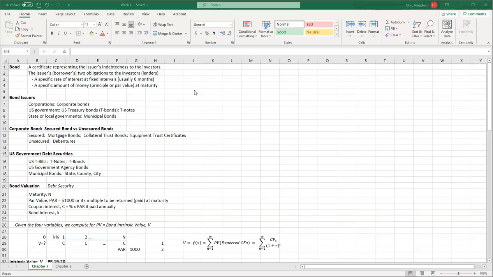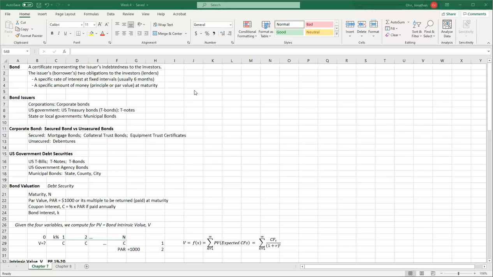The company will issue these new bonds to investors, usually institutional investors. That's the typical pattern: big mutual funds, pension funds, or insurance companies buy these bond securities.